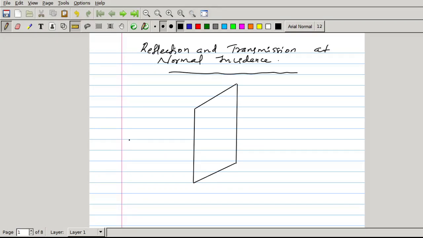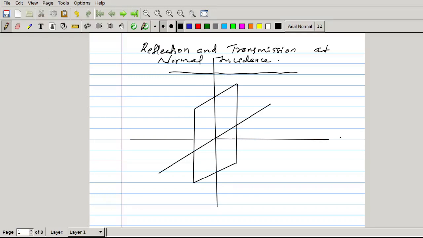So this is the z direction, z axis, and this boundary is in the xy plane. This is the x axis and this one is the y direction. This boundary is separating two dielectric media.